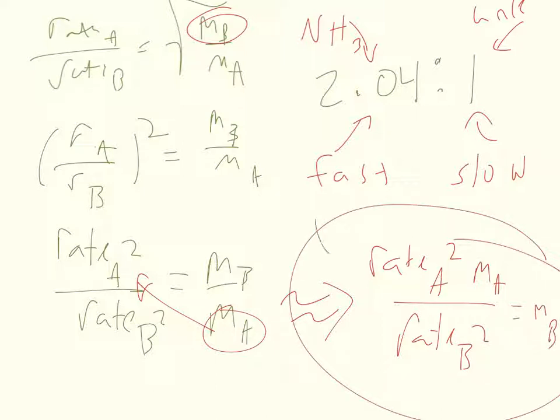Okay, this is the big deal for us. That's the real money. Because if I can do that, then I can solve for MB. I've actually already solved for MB, so I just need to plug things in now.